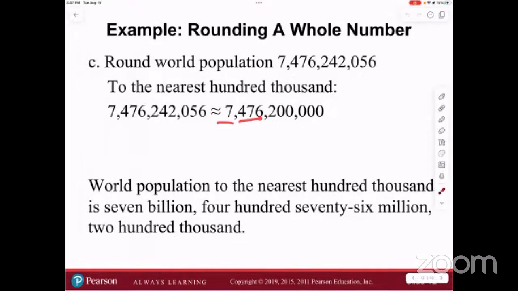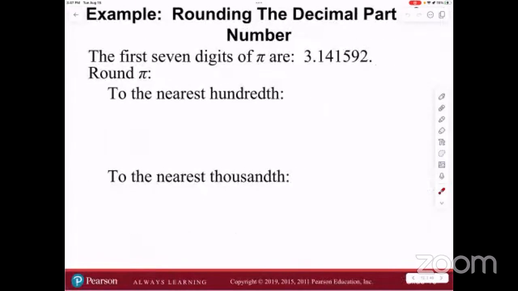The first 7 digits of pi, this mathematical symbol pi, are 3.141592. Round pi to the nearest hundredth, and then to the nearest thousandth. To the left of the decimal is the ones place, but to the right of the decimal there's no ones place.